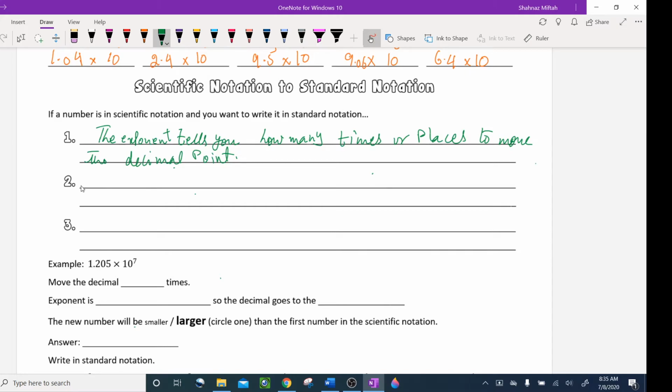Second, positive exponent: if you have a positive exponent, you're going to move the decimal to the right, making the number larger.